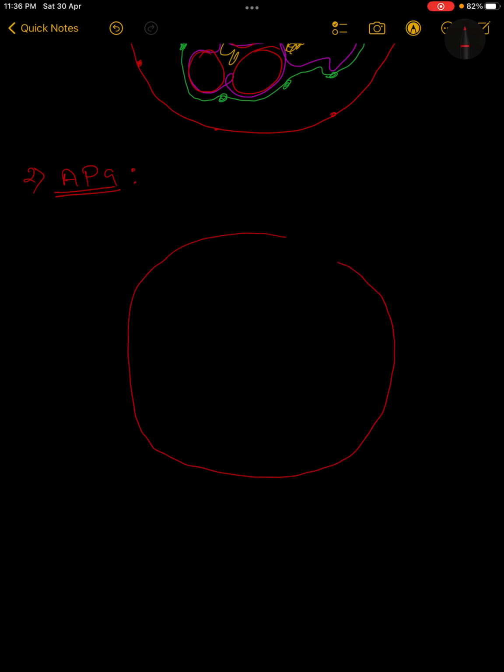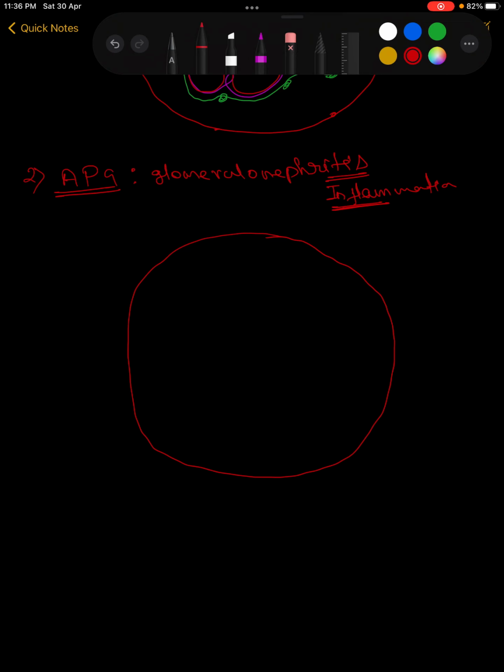This is our parietal epithelium. When we say glomerulonephritis, this 'itis' means inflammation. In inflammation, we will see two particular events.